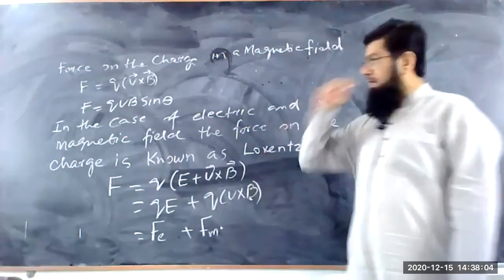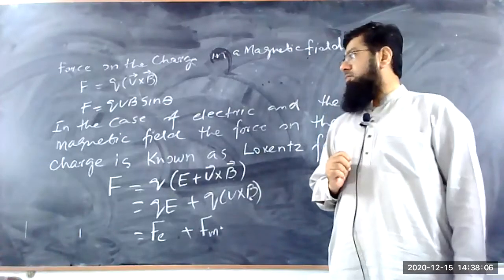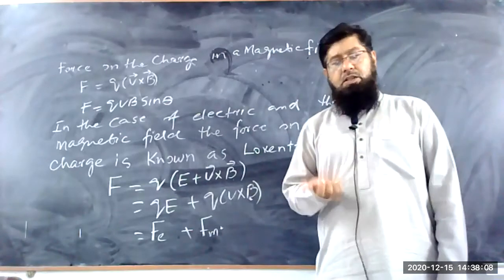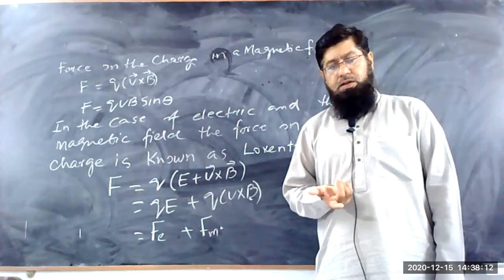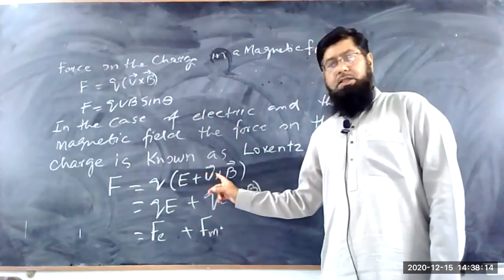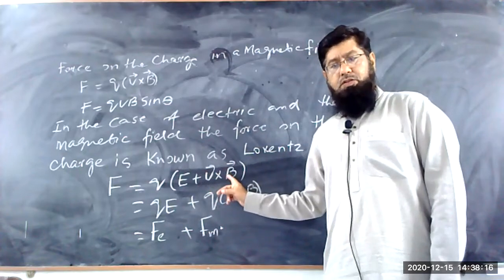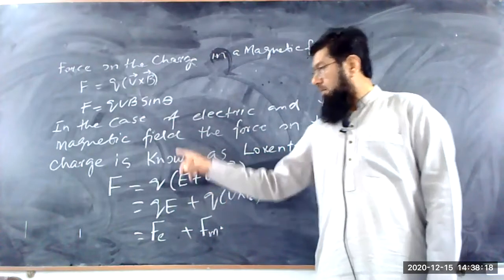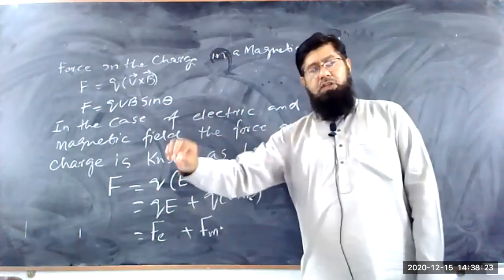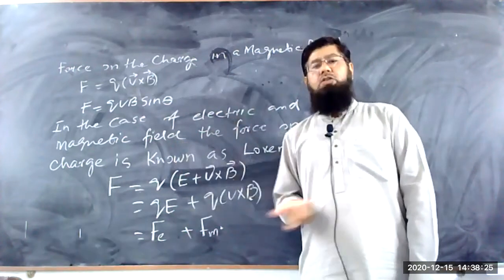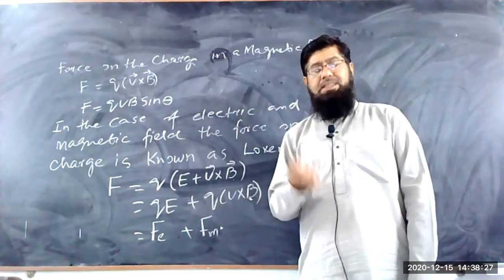So now again, the question is: when the charge is in motion, will it generate its own magnetic field? Because a magnetic force is experienced on the charged particle since the charge is in motion. So is it possible that the moving charge can generate its own magnetic field? The answer is yes.